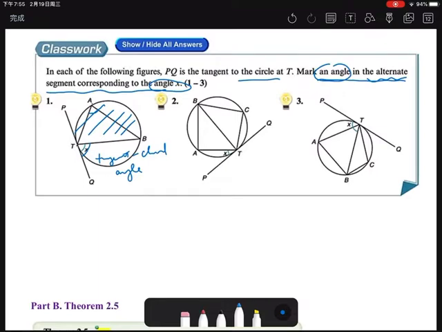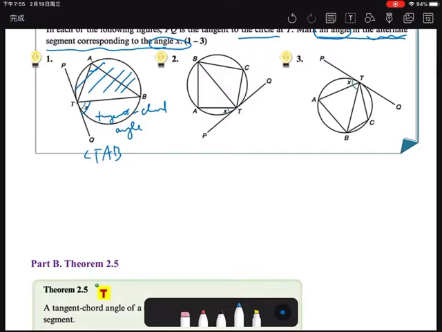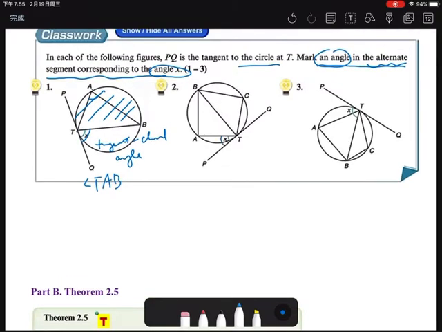So the angle in the alternate segment is angle TAB. Angle TAB corresponds to angle X.